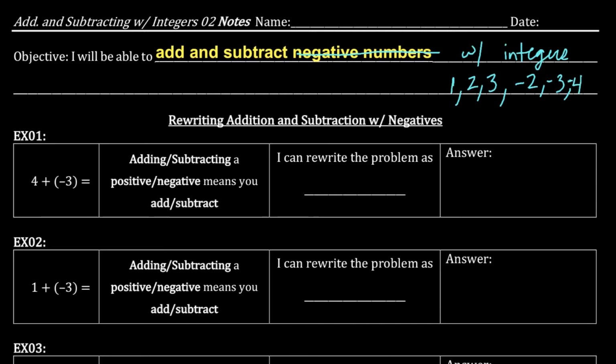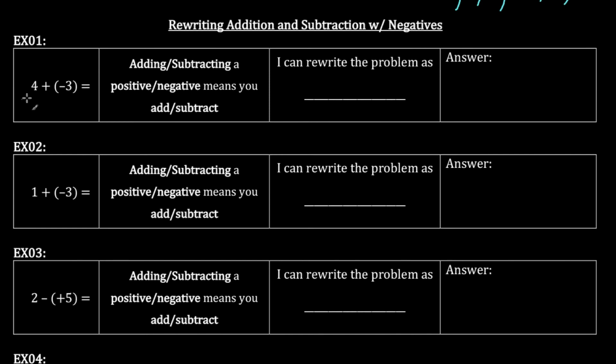So in this first example, we have 4 plus negative 3. We're going to add a negative. Negatives are like losing stuff, so if we're adding a negative, we are subtracting.